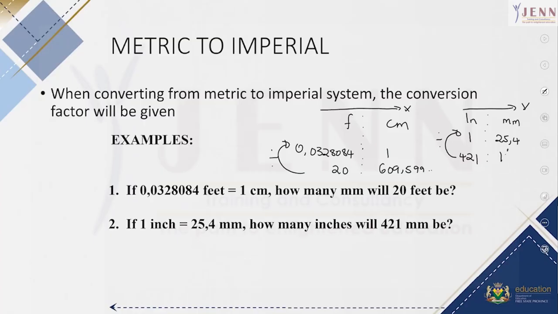It's 16.57. That's how we deal with converting from metric to imperial. All right, I think now we're going to go to the next slide.